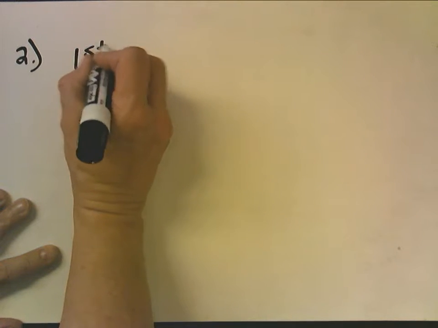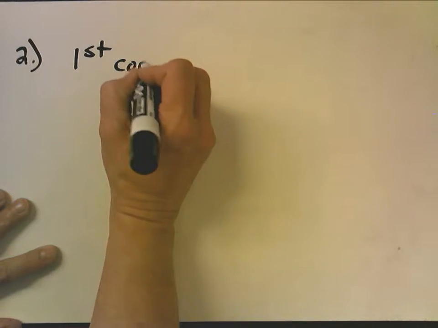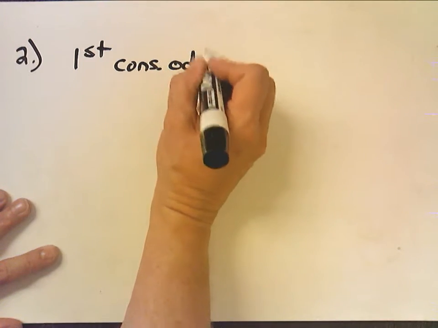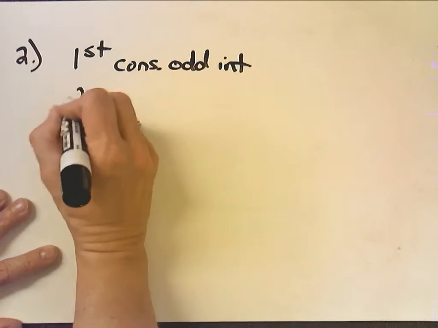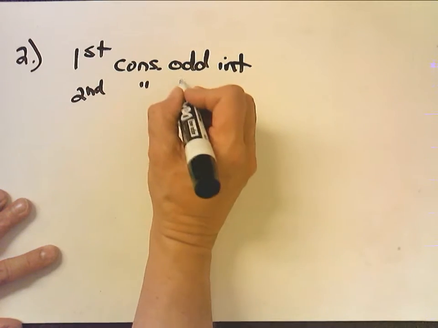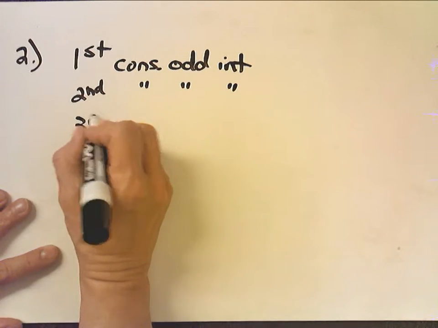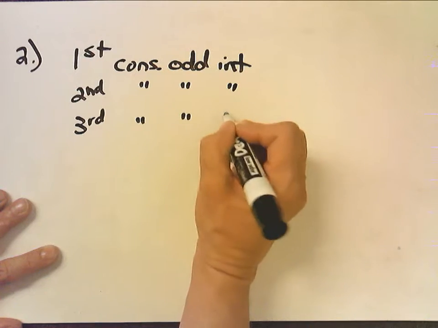Well, I have 3 unknowns. What are my 3 unknowns? My first consecutive odd integer, my second consecutive odd integer, and my third consecutive odd integer.